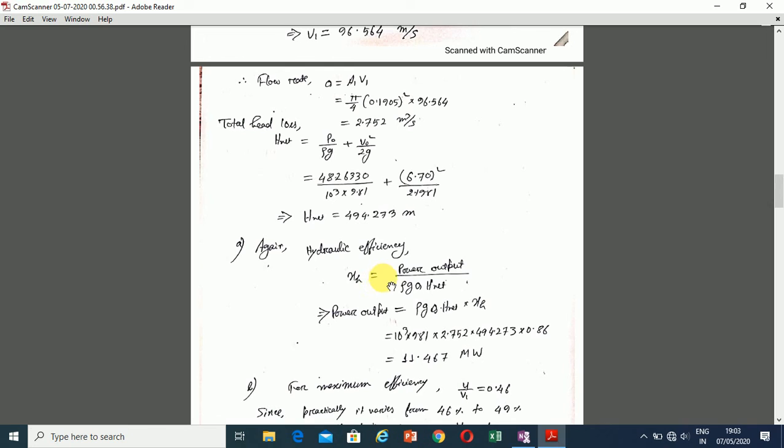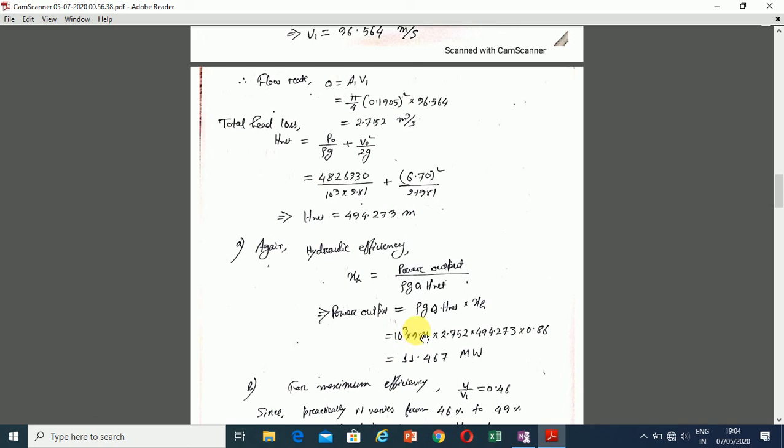Again hydraulic efficiency is given, that is 0.86, and efficiency is power output by power input. Power output is asked and power input is rho z q h net. From here we found power output as rho z q h net into efficiency.